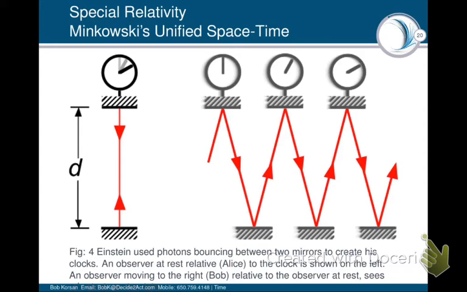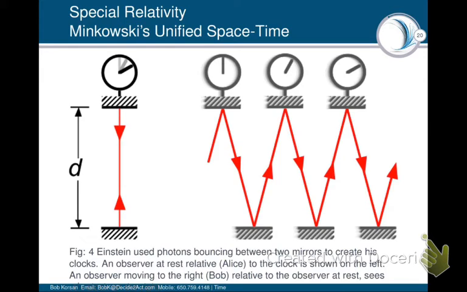So we see that for Bob, the clock is moving to the right and the photons are bouncing back and forth as you go along in time.